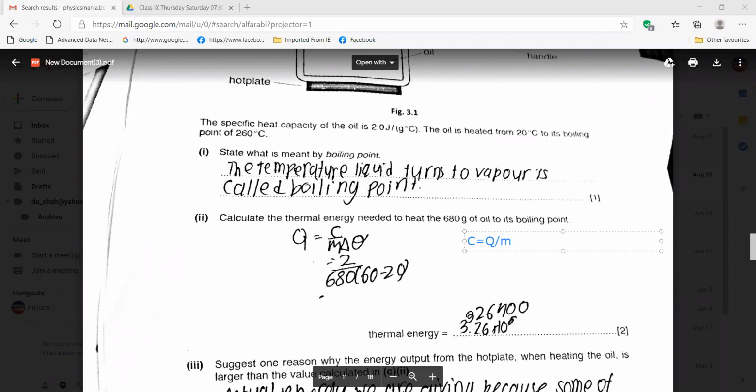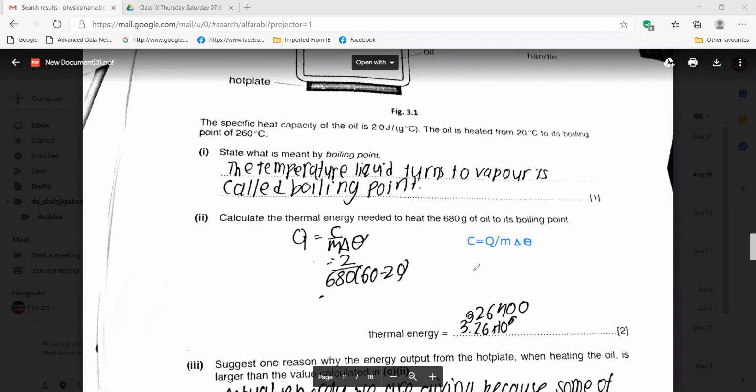I have no option here to write del theta, so I can use annotation.